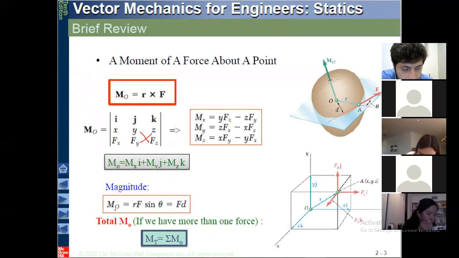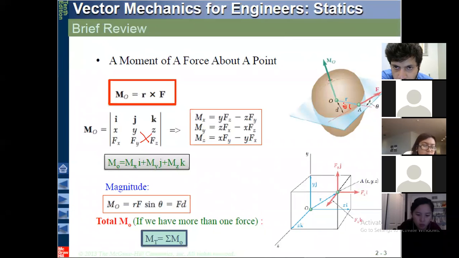And the magnitude is also the magnitude of the position vector multiplied by the magnitude of the force and multiplied by sine of theta, which is the angle between the position vector and the force vector. If you see this figure, we have angle theta between position vector r and F. So you're going to have an equivalent theta here.